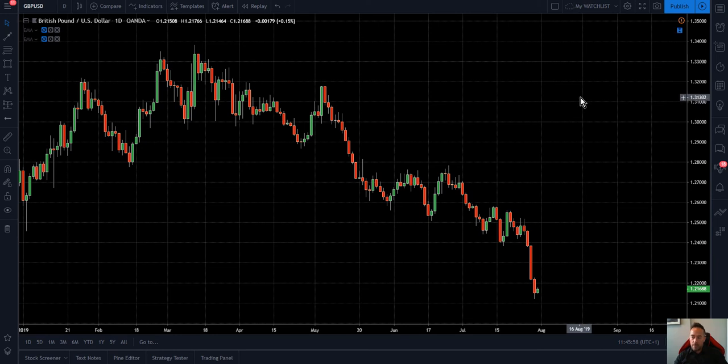We've had the new Prime Minister come in, Boris Johnson, who seems quite adamant that if Europe aren't willing to renegotiate the deal, which we've already rejected, the one that they negotiated with Theresa May, which has been rejected several times, then he's basically said, okay, well, we're going to leave without a deal. That's that. And since then we've seen price have a massive drop.